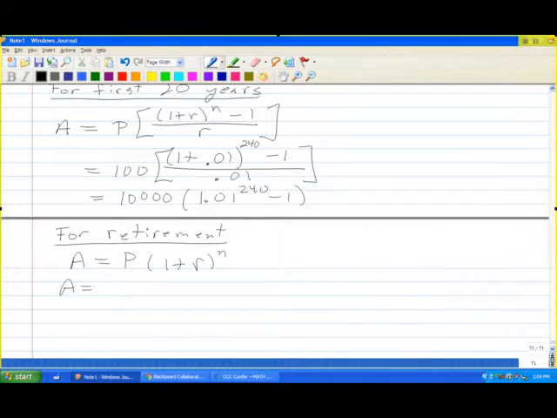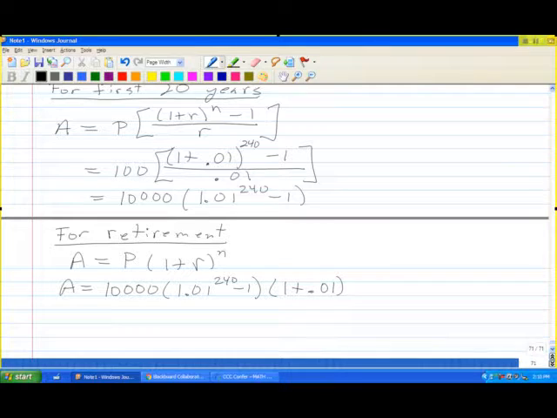So the amount that he initially invests is this, and the interest rate is 0.01, and you're doing it for 50 times 12.